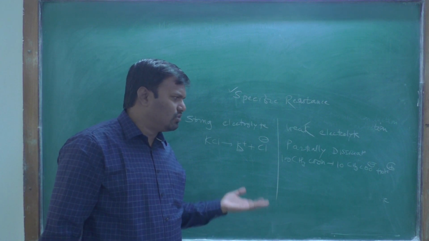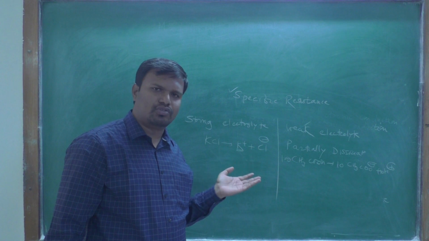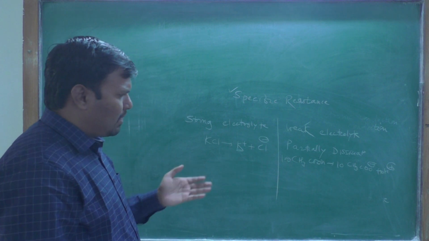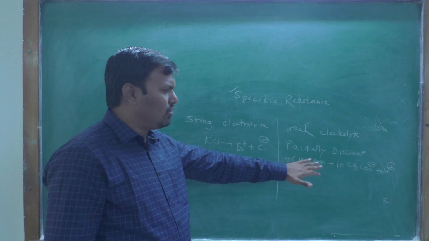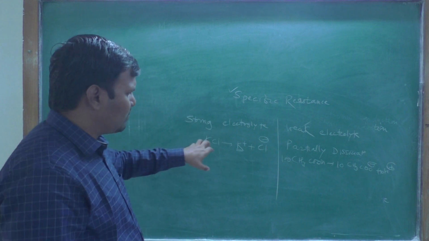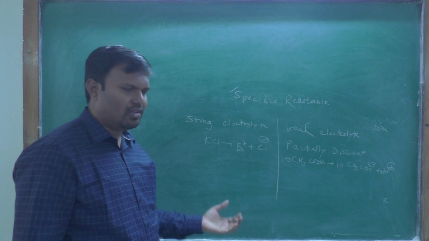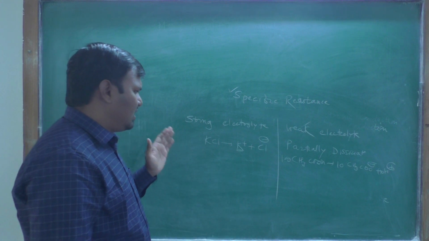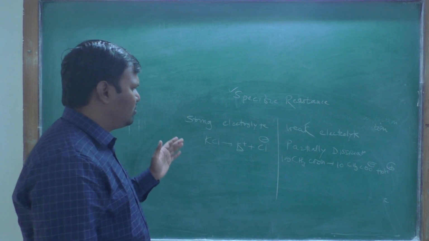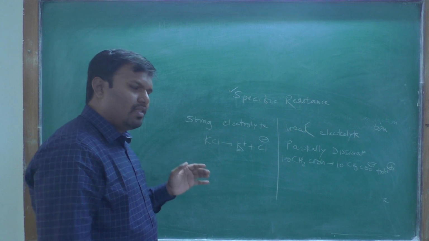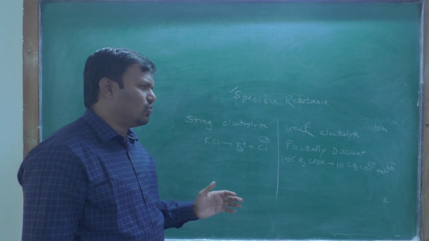Such type of dissociation is called partial dissociation. Not all molecules of CH3COOH get dissociated, but for KCl, total 100 is there, 100 K plus and 100 Cl minus are produced, and that type of dissociation is observed in a strong electrolyte, that is, it gets totally dissociated.